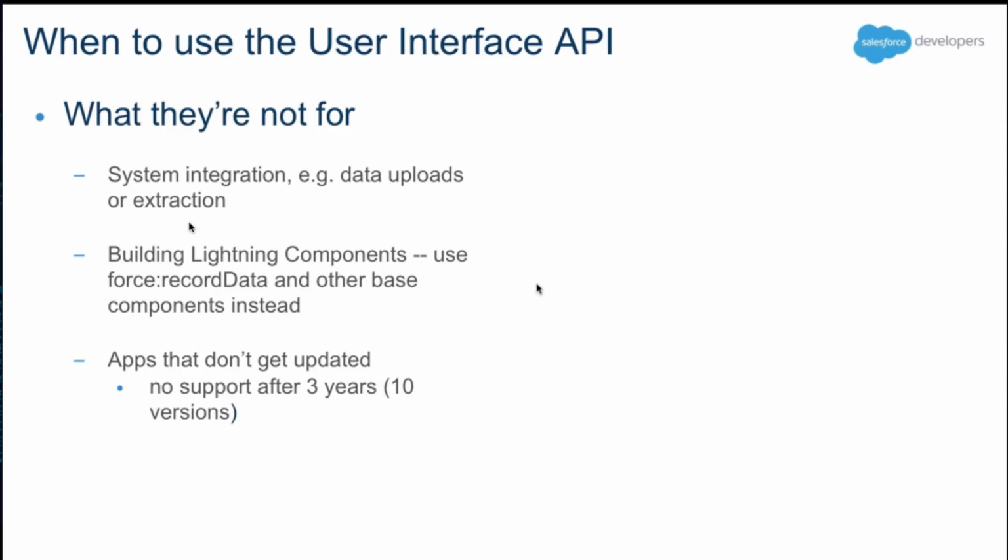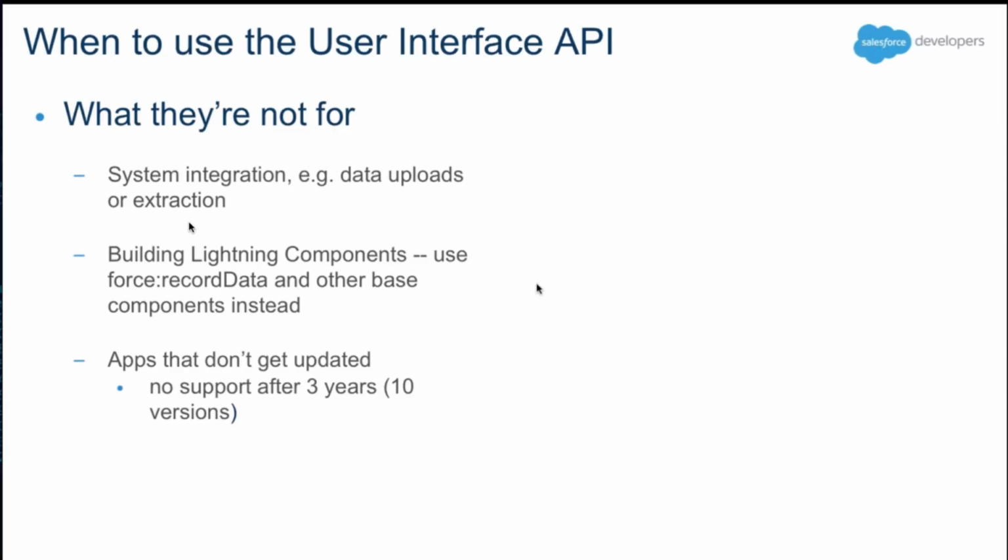The other thing that they're not for is for building Lightning components. Now, the reason is we already take things a step further with Lightning Data Service. Hopefully, many of you are familiar with force:recordData. And Lightning Data Service is essentially the serialized version of the User Interface API for building Lightning components.